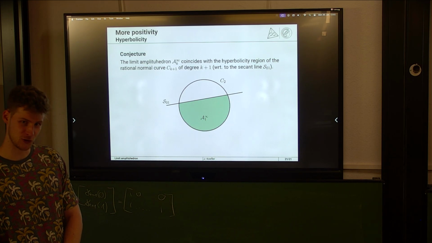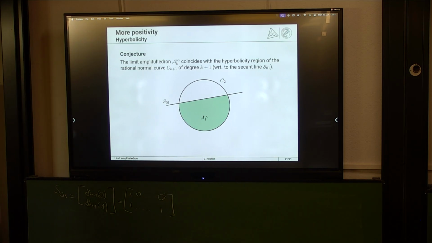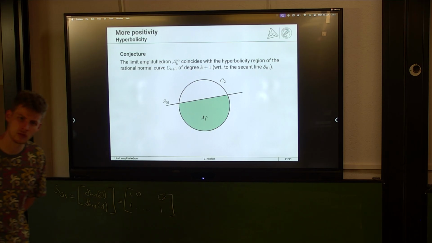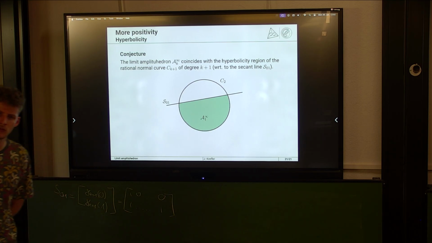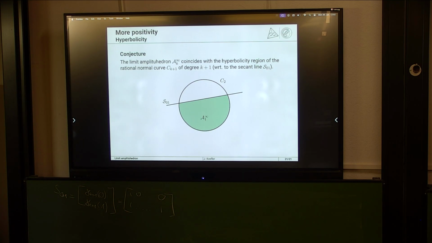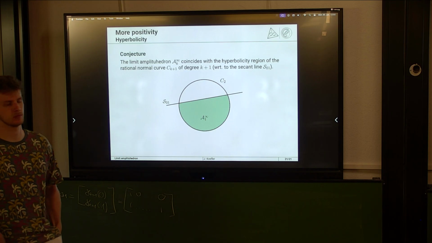But maybe I'm a bit too rushed. There you are in trouble because the object itself lives in a Grassmannian whose size depends on n, so it's very difficult to take the limit. Oh, okay. So you're thinking of it in the twistor embedding, basically. No, the momentum amplituhedron lives in a product of two Grassmannians, but the size of one of the Grassmannians depends on n. Oh, I see.